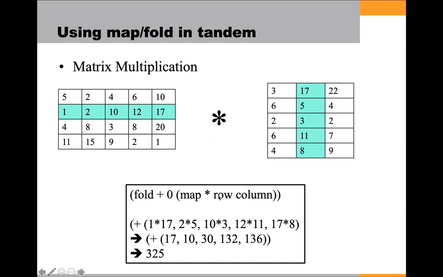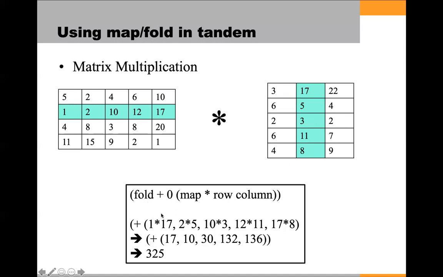So we first apply map to the row and the column. And when we do that, you can see here we get 1 times 17, 2 times 5, 10 times 3, 12 times 11, 17 times 8. And those evaluate to 17, 10, 30, 132, and 136.